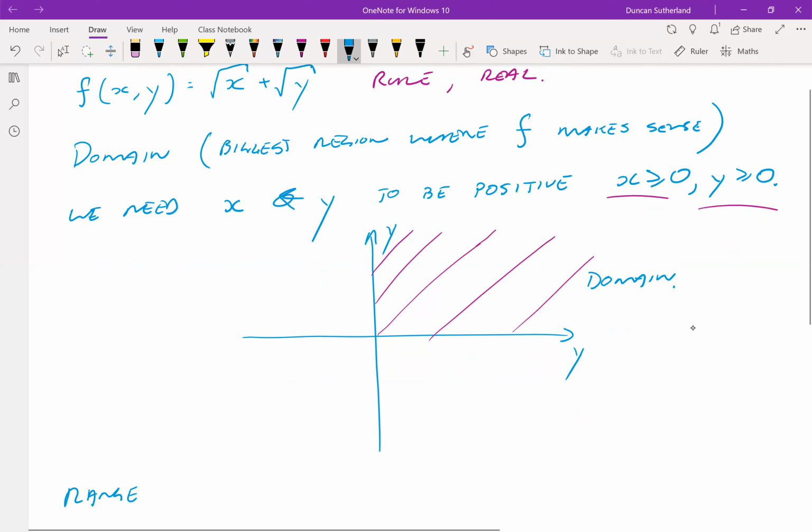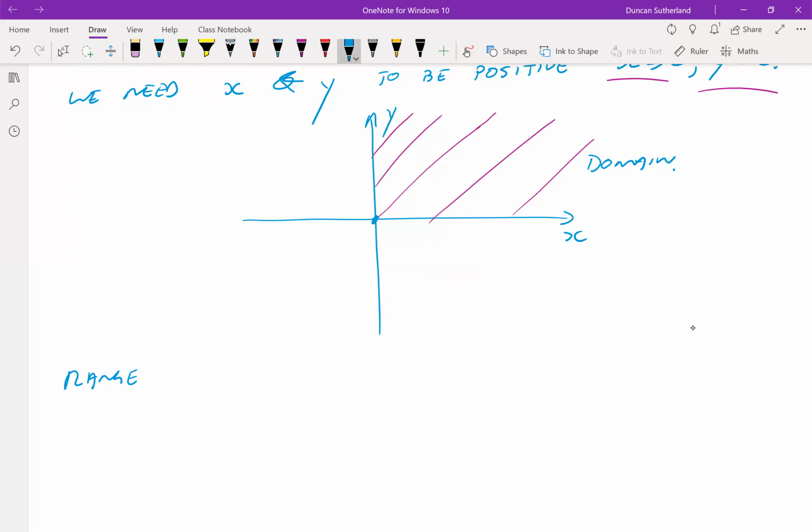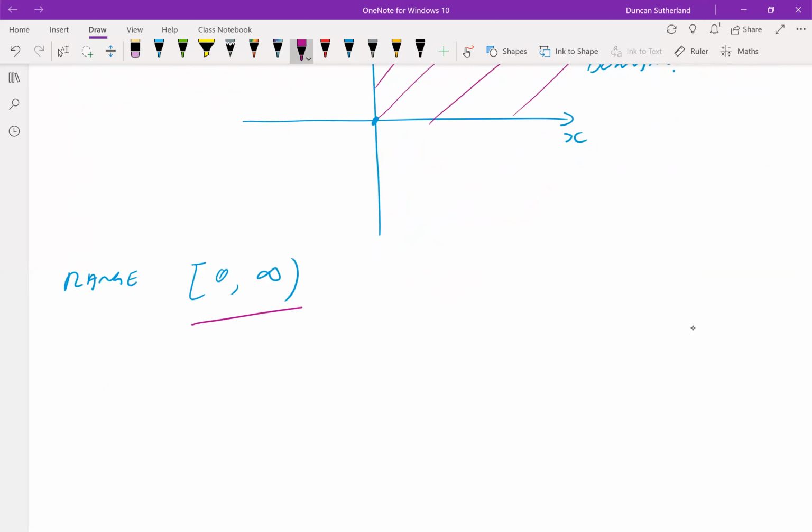Y is a positive number, it makes sense. But we could have 0, so we can get that point there, and obviously we can get all the way out to infinity. So that's our domain and range in this case.